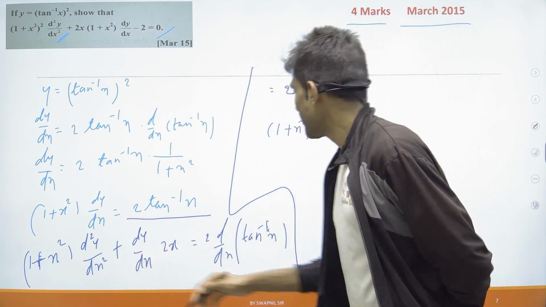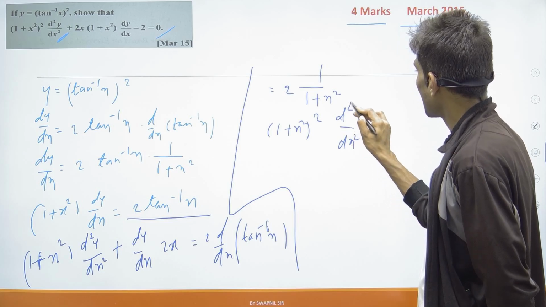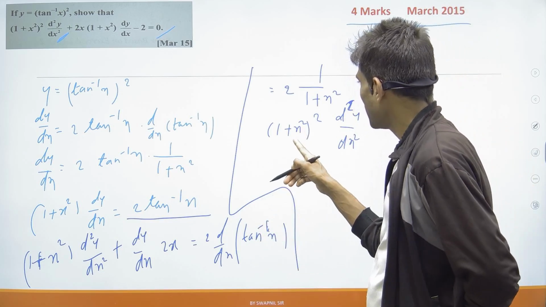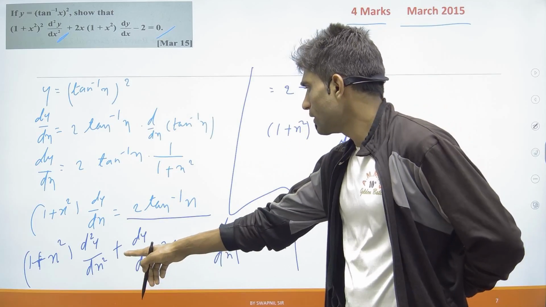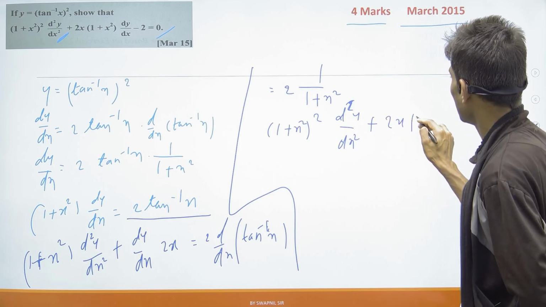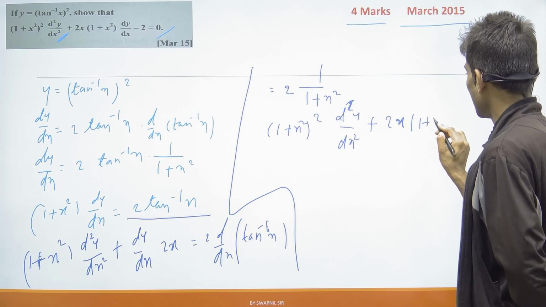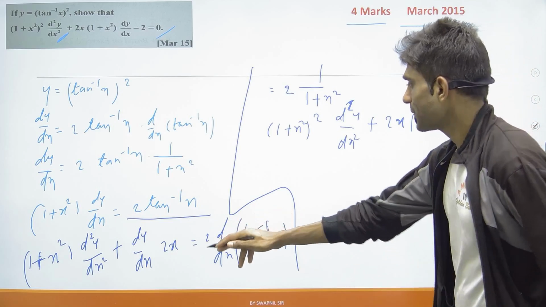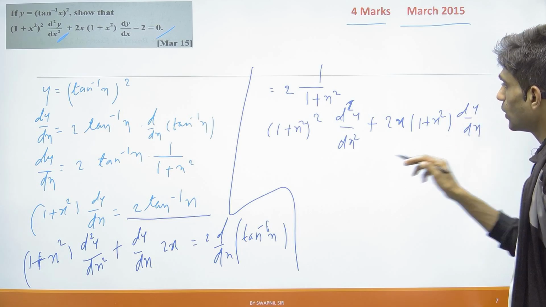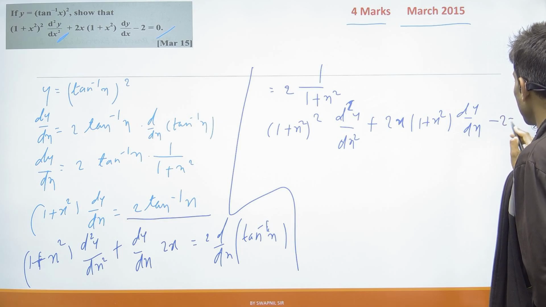So d square y by dx square stays as it is, after that we have multiplied 1 plus x square here also, plus 2 times x as it is, multiplied by 1 plus x square, into dy by dx, which is equal to the remaining term 2. Take this term also to the other side, and we get negative 2.